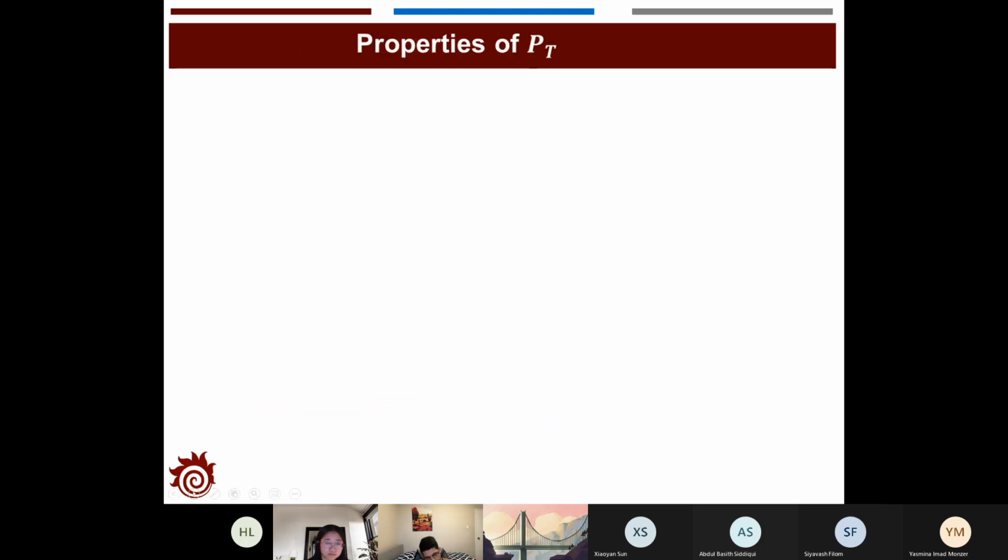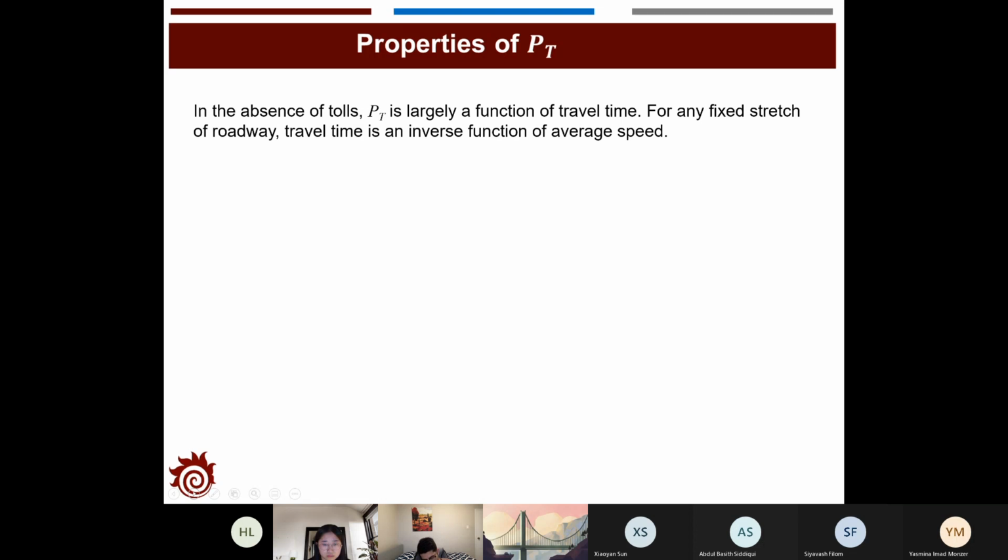And to analyze the cost of the trip, we need to think about the fundamental diagram, as we mentioned previously. But we definitely want to simplify the analysis. Here we say that we can ignore the impact of the tolls, and just assume that the cost of the trip is only a function of the travel time.